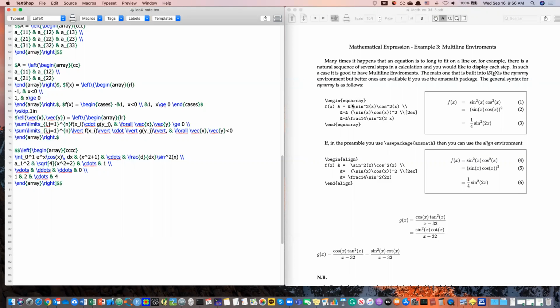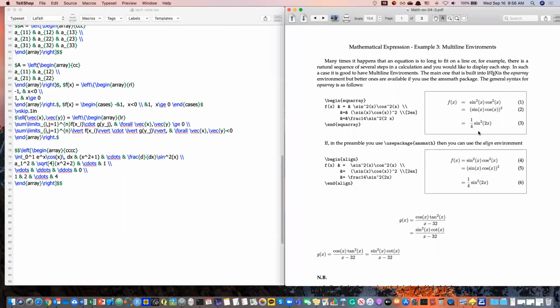So look at this. If you want to write down these multi-line equations, then normally we use eqnarray. But if you want to use some syntax in the package amsmath, then there is the align environment.